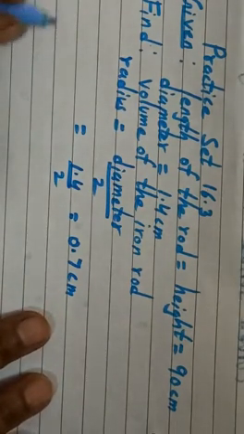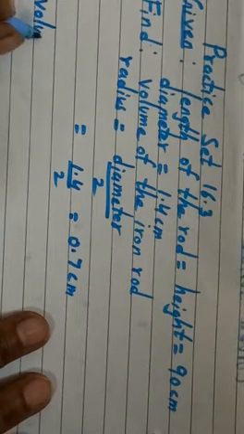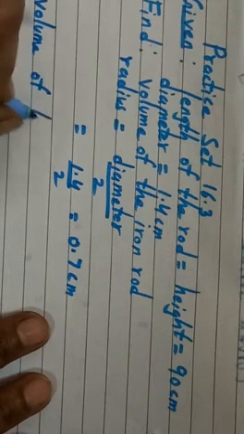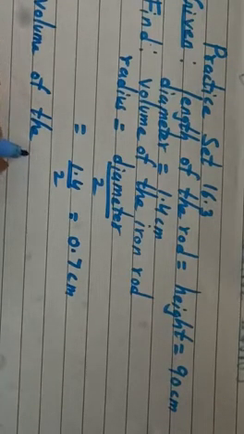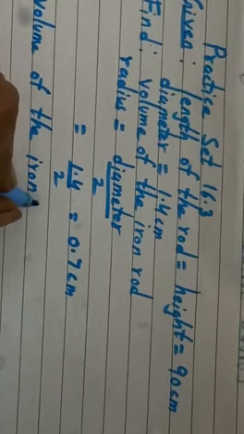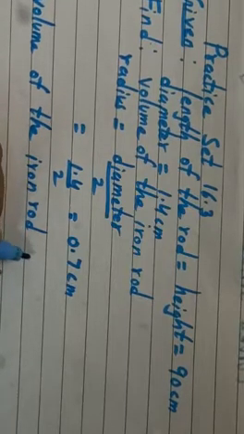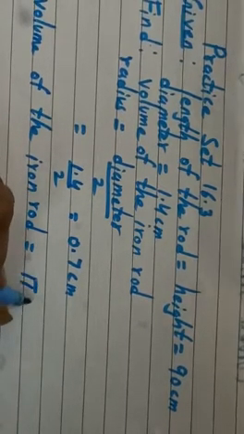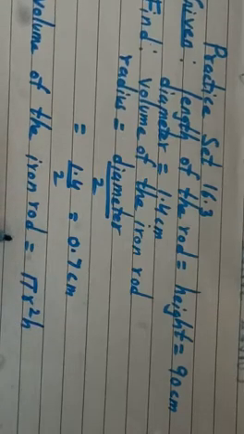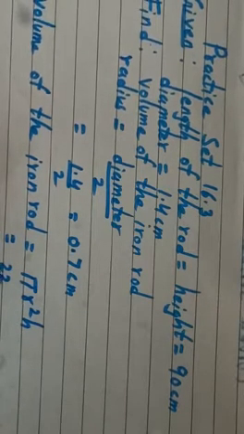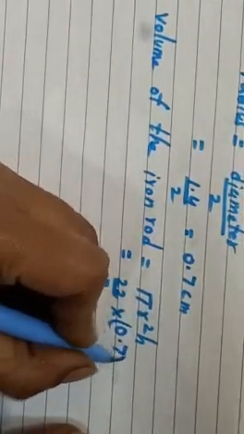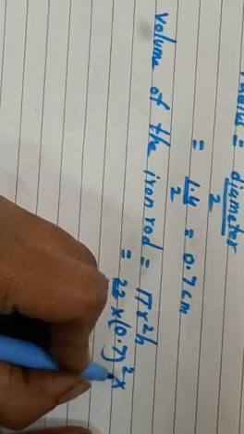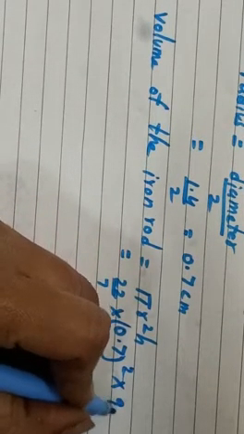Now what we have to find? Volume of the iron rod. So we will write the formula. Volume of the iron rod is equal to pi r square h, which is equal to, the value of pi is 22 upon 7, into r is 0.7 square, into what is the height? 90.